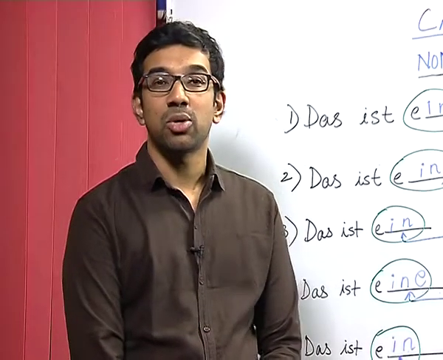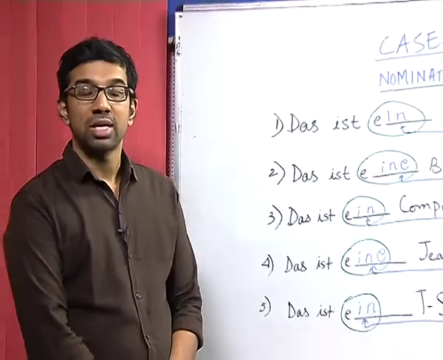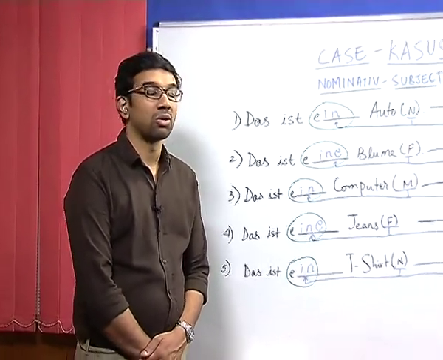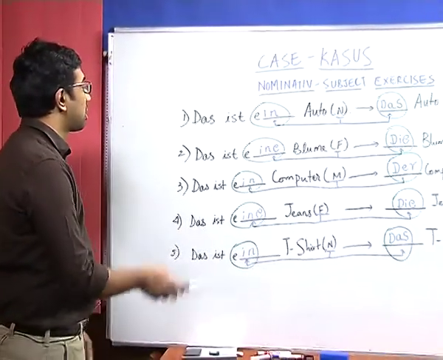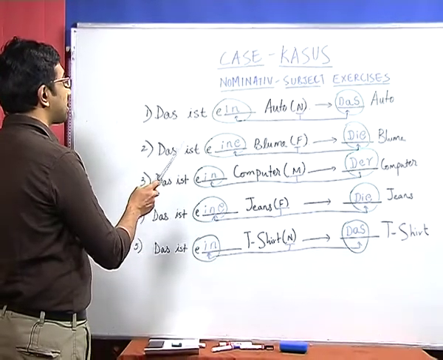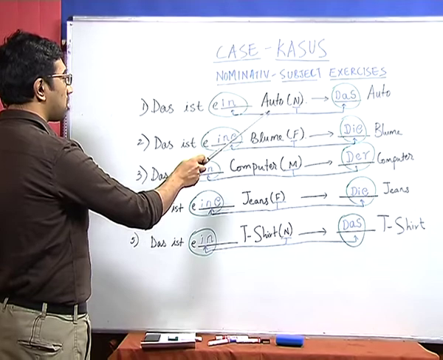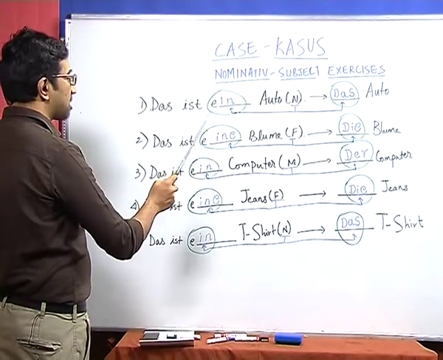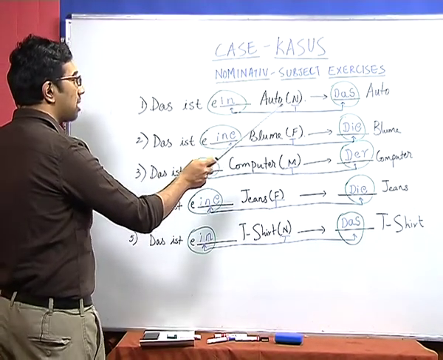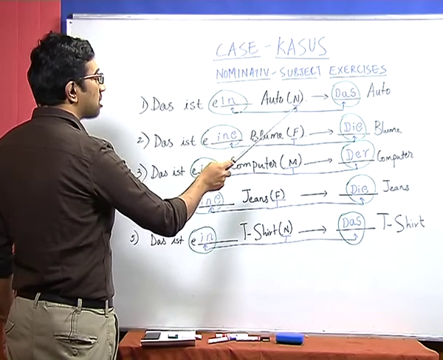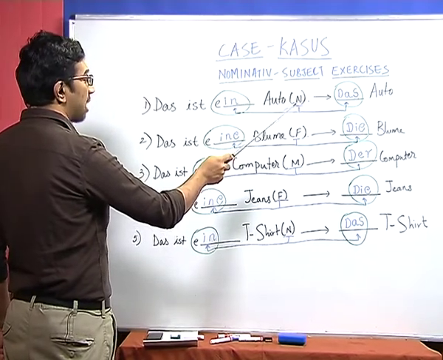Now let us look at the answers given by the student and see if they are right or wrong. Das ist ein Auto, which means that is a car. Now look at the letter written in the bracket.